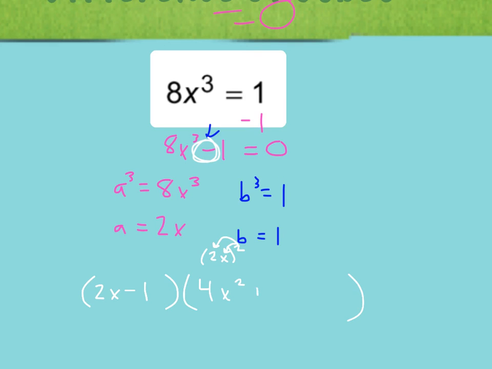Next, we have plus a times b. So what's a times b? 2x. And then plus b squared. What's b squared? 1. So this is our answer.